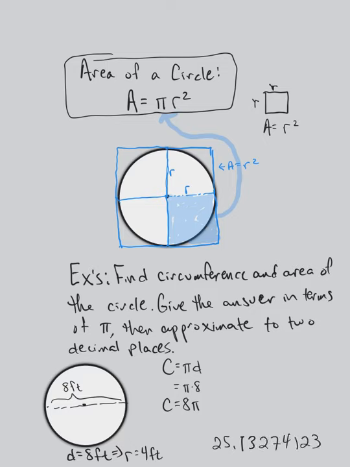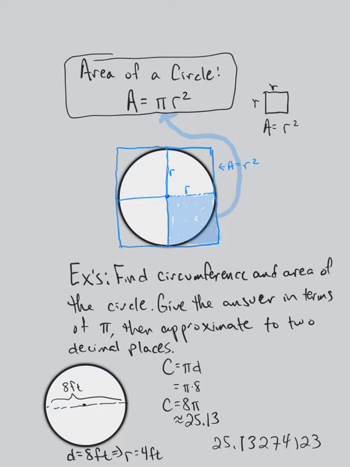But what do the instructions tell me to do? Approximate to 2 decimal places. That would be here in the hundredths. I look one place to the right, that's smaller than 5, and so to write the approximation from these directions, I would say 25.13.